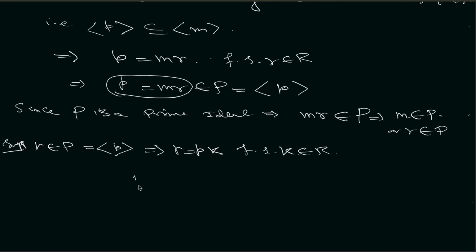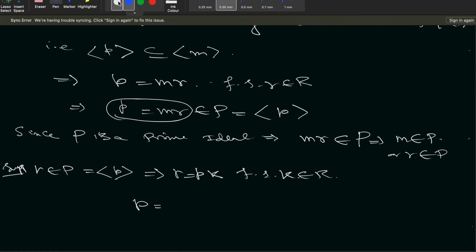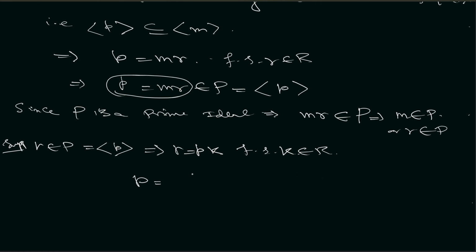You have p, what is p? p equals mr. Now you put the value of r here, m times pk from here. This means that p times (1 minus mk) is 0.